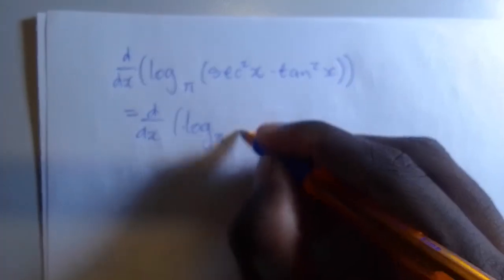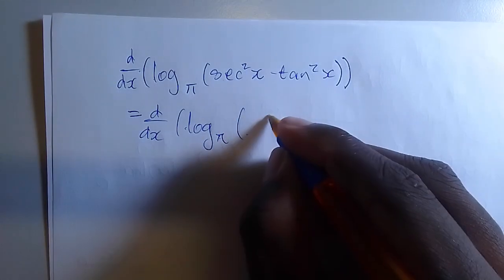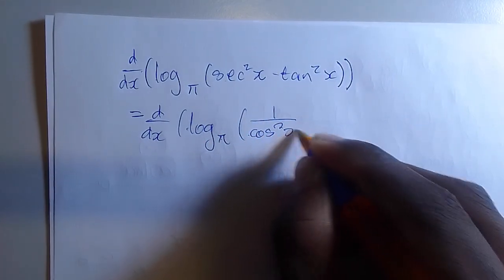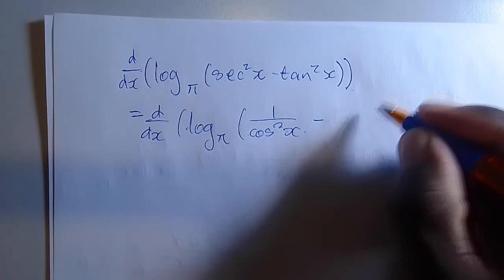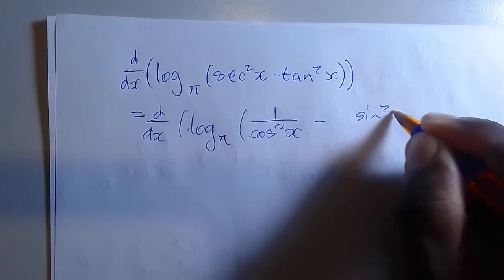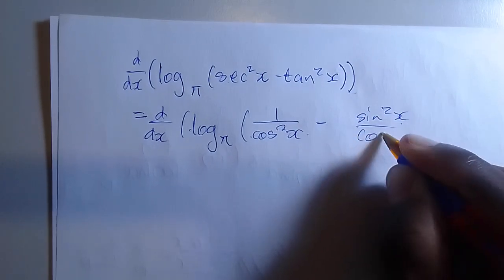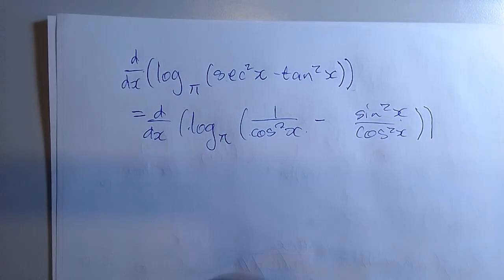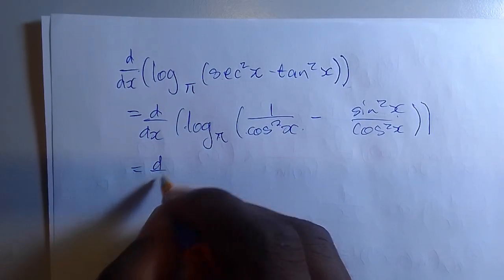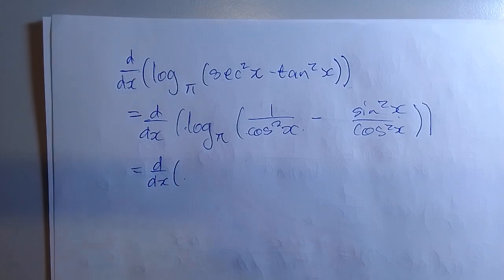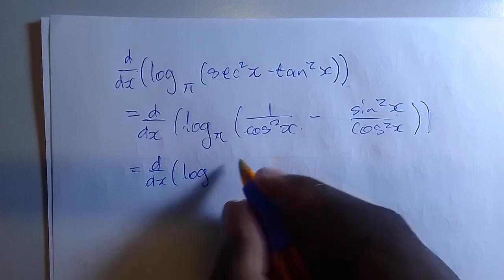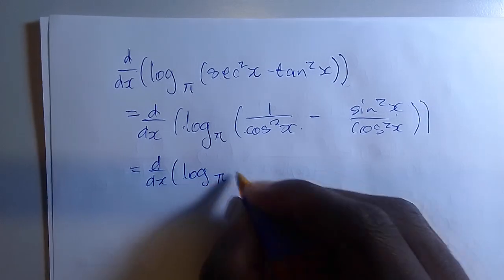This sec is actually 1 over cos squared x minus sine squared x over cos squared x. Now d/dx of log base pi.